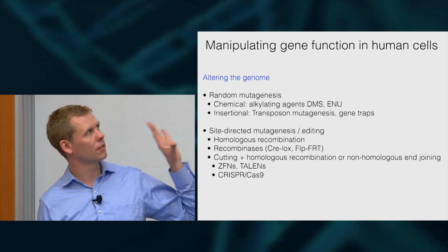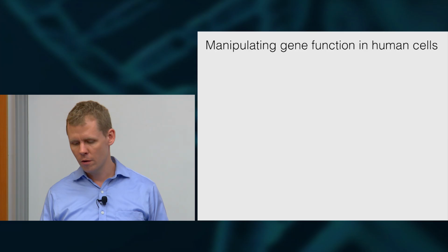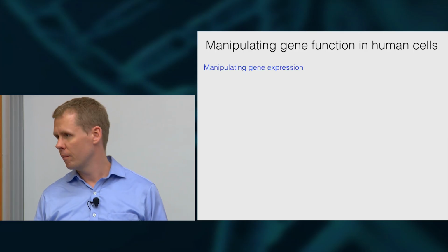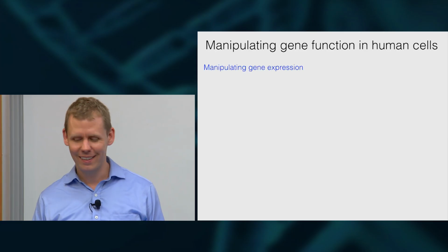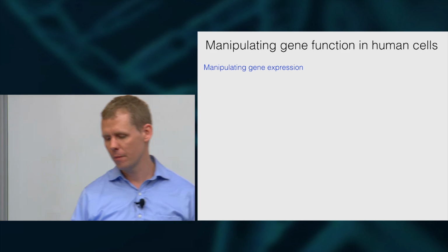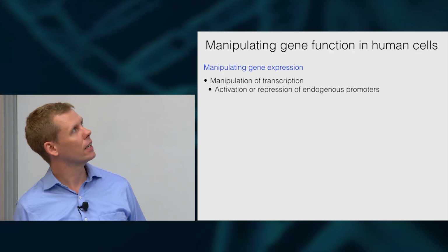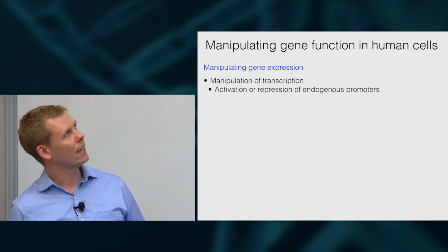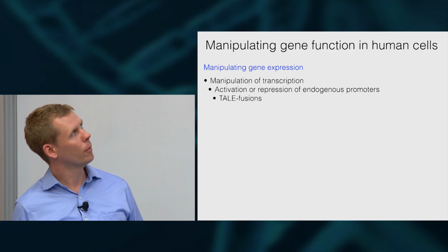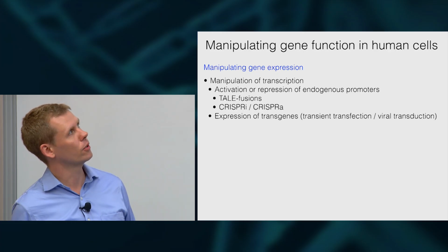So this slide has ways to perturb genes by altering the genome. As we heard about extensively from Luke yesterday and today, we can also manipulate gene expression and thereby perturb gene function. And we can manipulate the transcription by activating or repressing endogenous promoters using, again, TAL fusions or CRISPRi approaches.